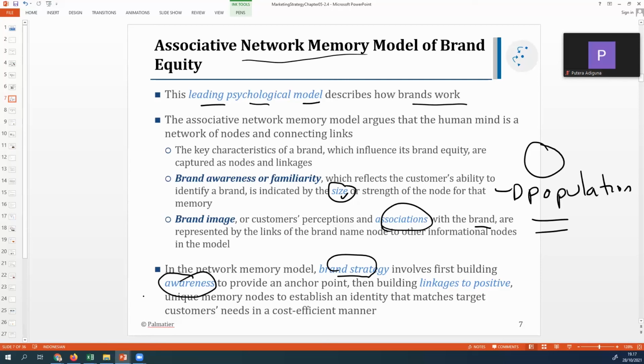Awareness first, as the fundamental of them all. After that, we start to develop the linkage to the positive unique memory nodes to establish and match the target of the customer. Any questions?